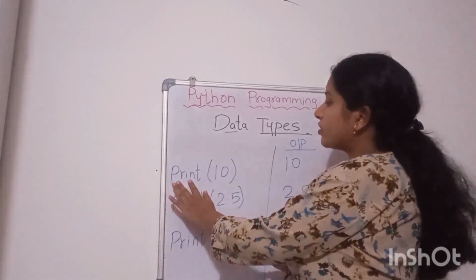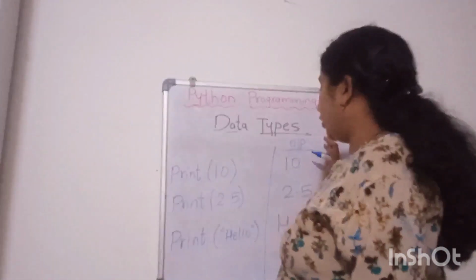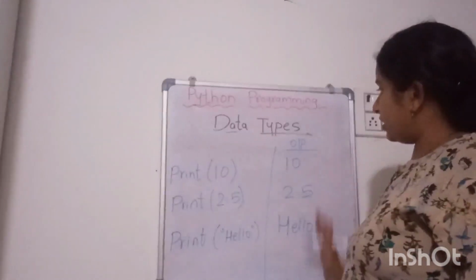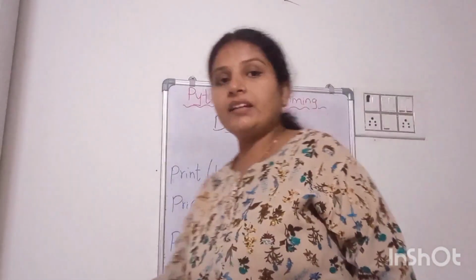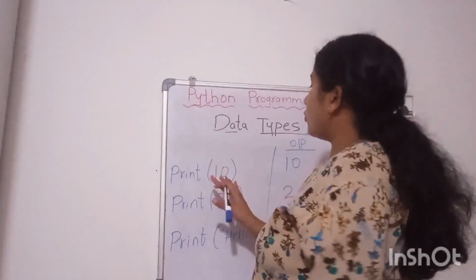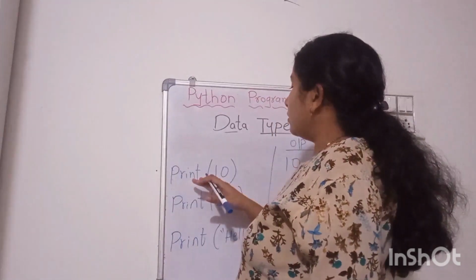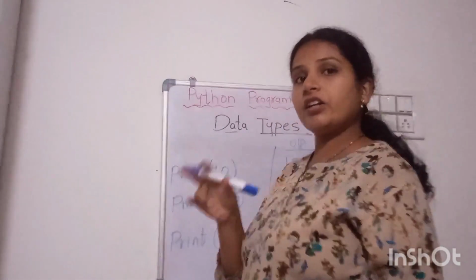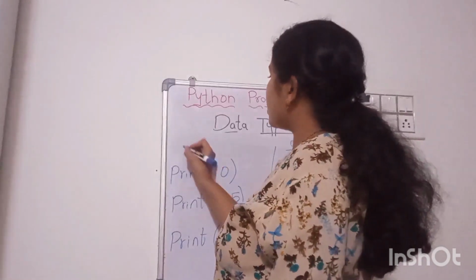Now in this print function, I have taken the values directly. In the output window, as you can see, the values are displayed directly. You can go like this also. Suppose I want to print the value but using a variable. How am I going to do this?